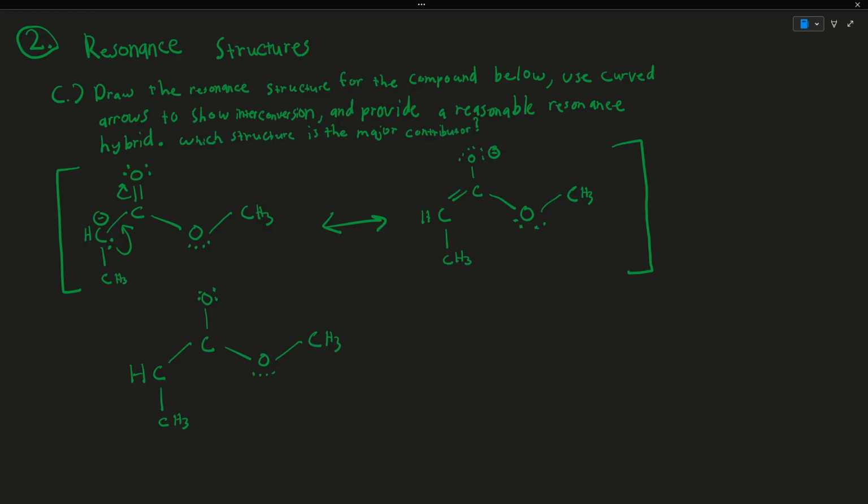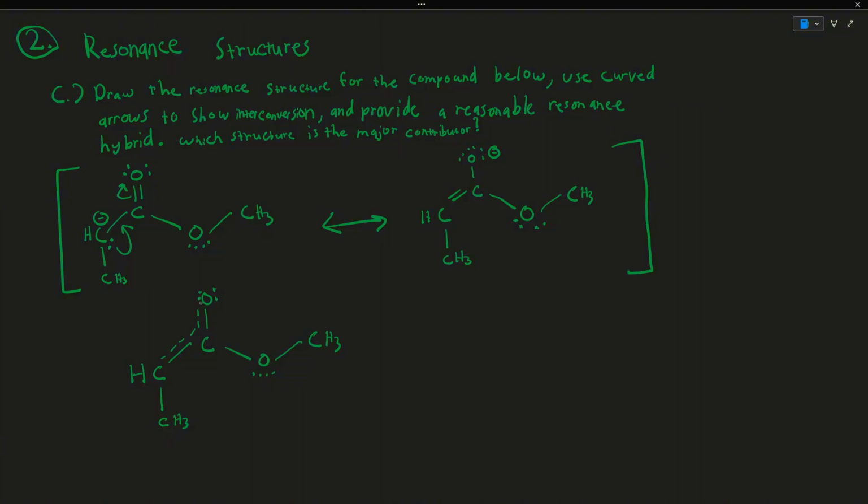And so we see that what's happening here is we're forming a double bond between the carbons, and then we're breaking the double bond between the carbon and the oxygen, and we're putting those electrons on the oxygen. And so the best way to show this is to draw a dotted line going from the top over there to over here.